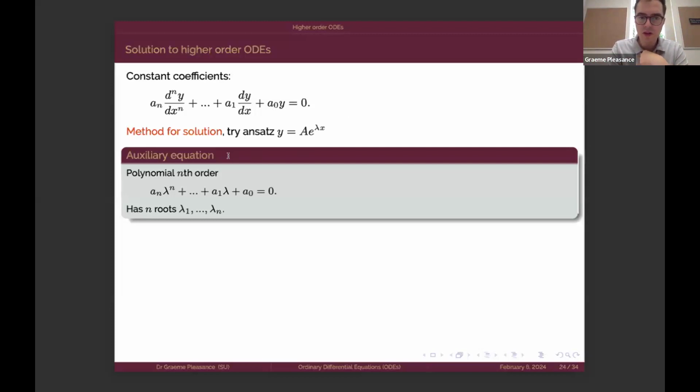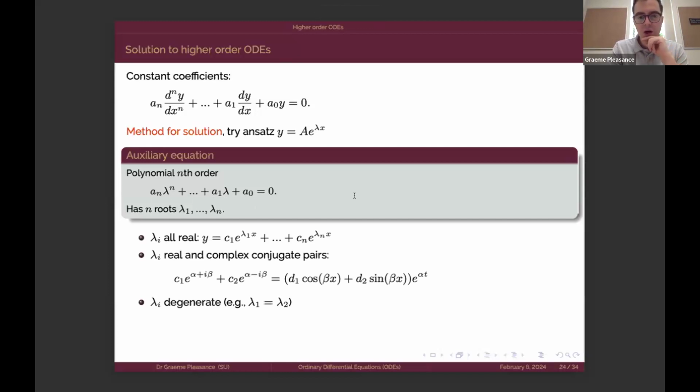If we assume the solution to be in this form, we can substitute it into this equation, and this effectively generates another equation, written in this form. This gives us an nth order polynomial. And as you know from the fundamental theorem of algebra, any nth order polynomial has n roots, so we label these roots lambda_1 up to lambda_n.